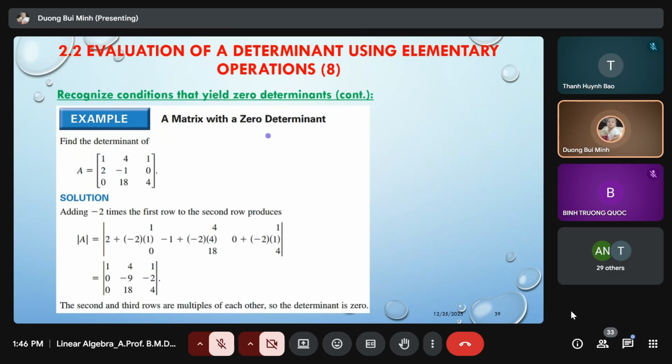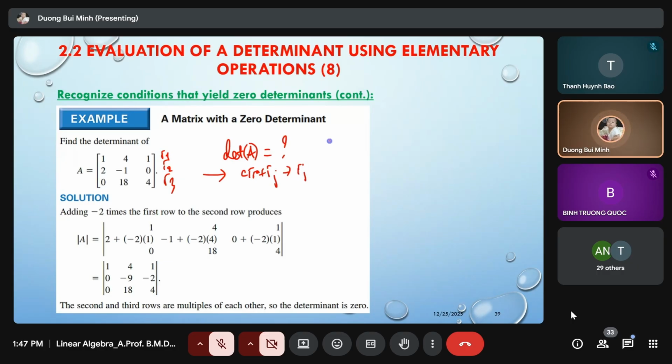For example, we calculate the determinant of A. We need to modify R1, R2, R3, so we use the third rule: multiply C times Ri plus Rj and relate to Rj.